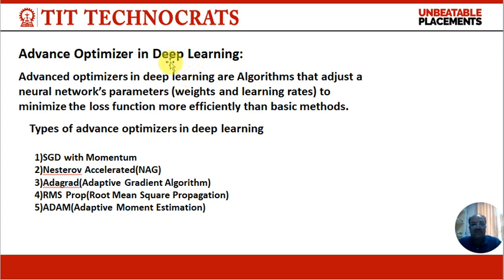You can say these are the drivers of the model that drive towards accuracy. There are so many types of optimizers available in deep learning, but we discuss these five main optimizers.